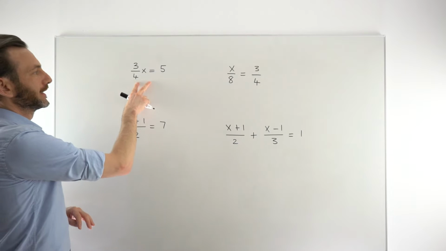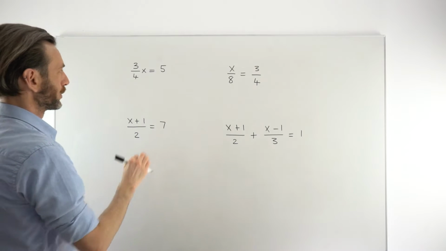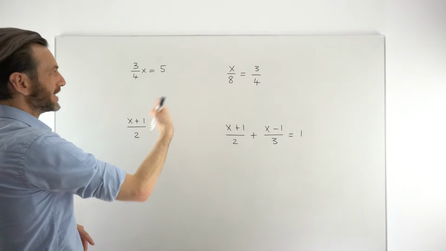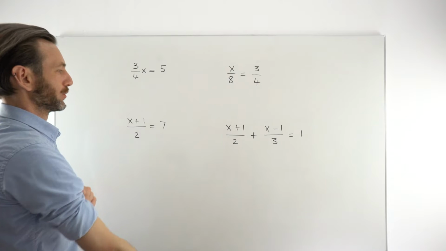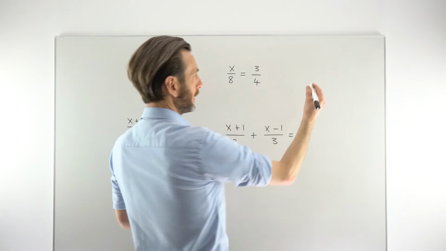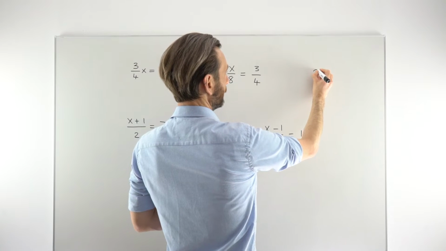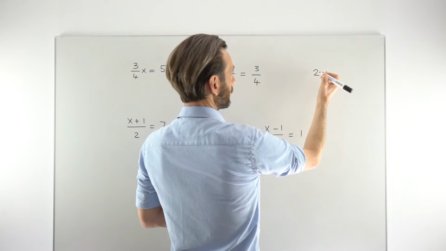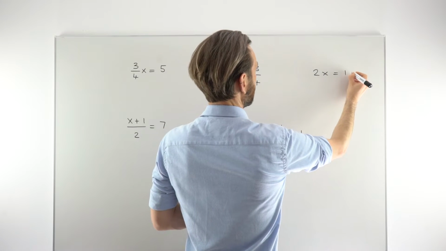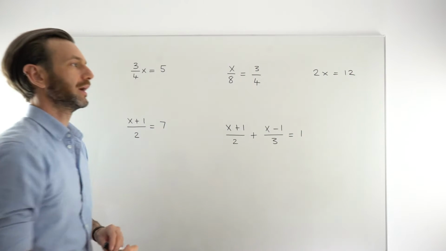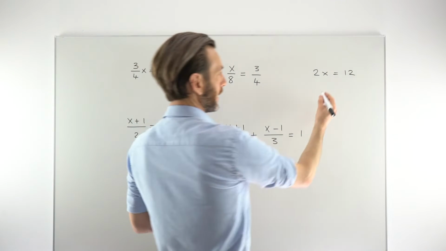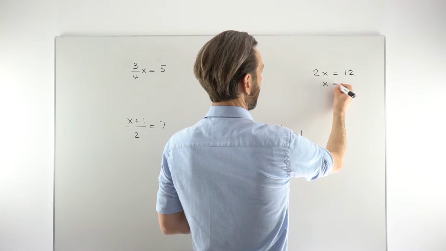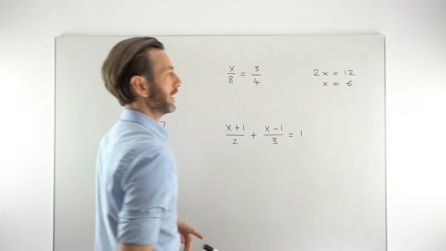So starting with this guy here, this one's not too bad because we're quite close to the end point basically of solving an equation. So remember that the last line of a normal linear equation would be usually something like number x equals, say, number. And then we just divide as our final step. So we divide both sides by 2 and we get x equals 6 in that case.